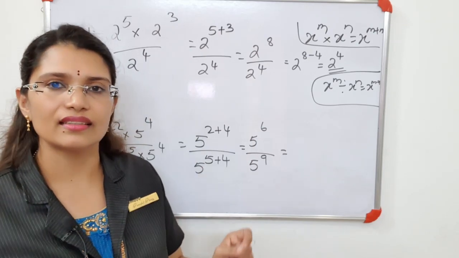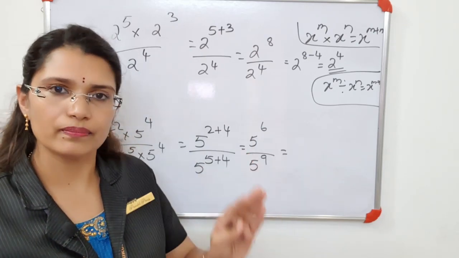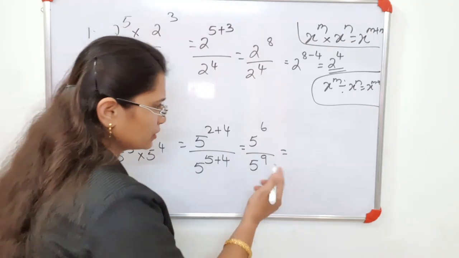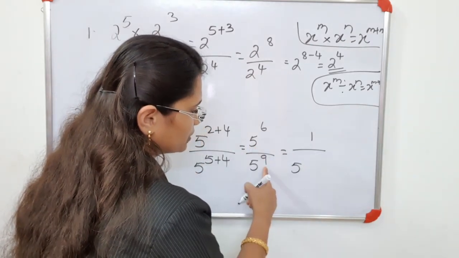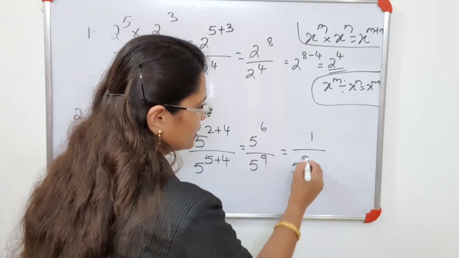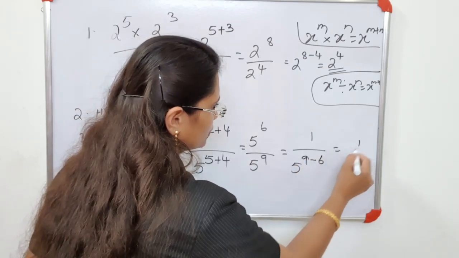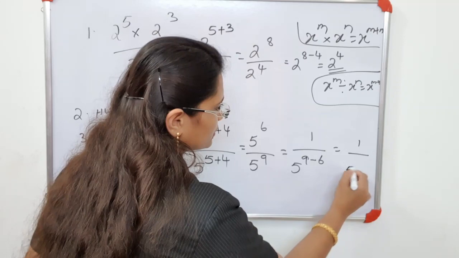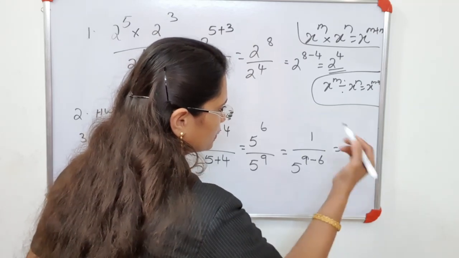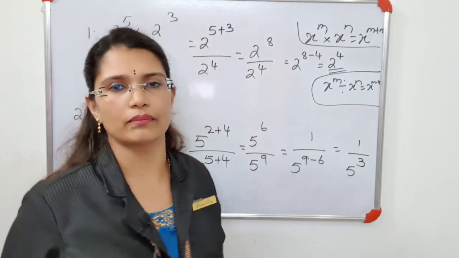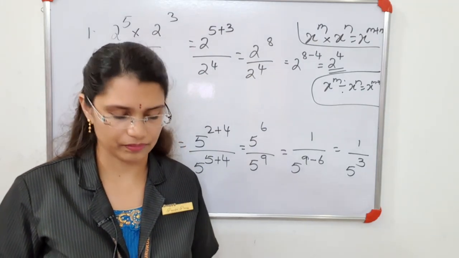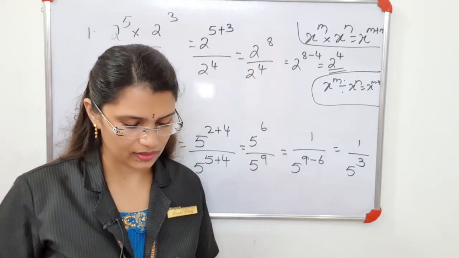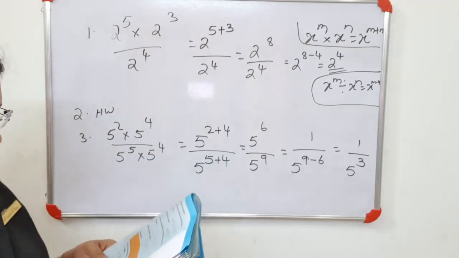Whichever is greater, you must subtract from that number only. So it is 1 divided by 5 raised to 9 minus 6, which is 1 by 5 raised to 3, that is 1 by 5 cube. Is it clear, children? Then the fourth question.